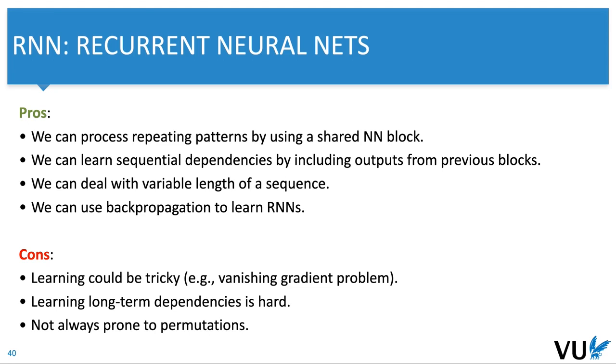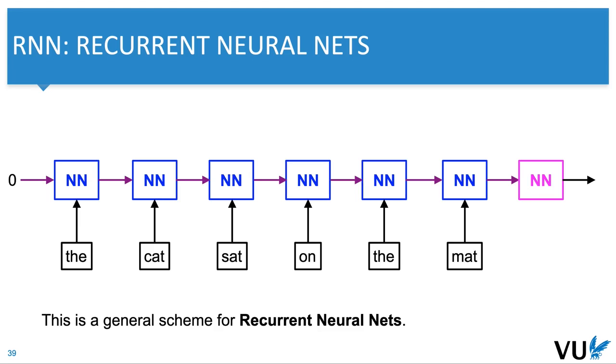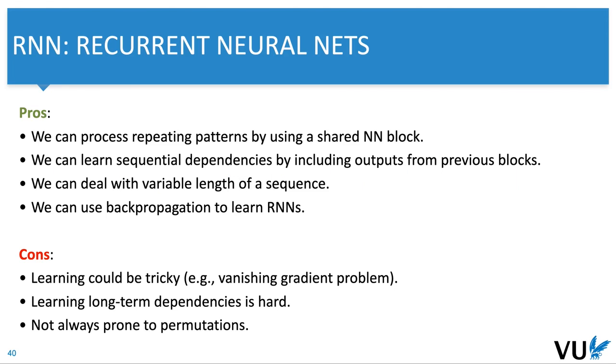We can deal with variable length of a sequence, because if we look at the last output of the blue block, it doesn't matter how many blocks we had before, because we already passed this information from the previous blocks to the last one. So this is really nice. It doesn't matter for us how many elements we process.